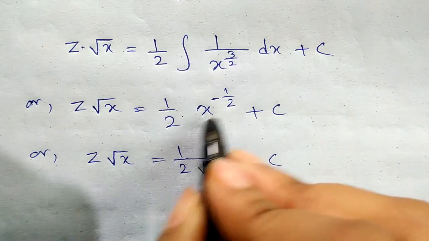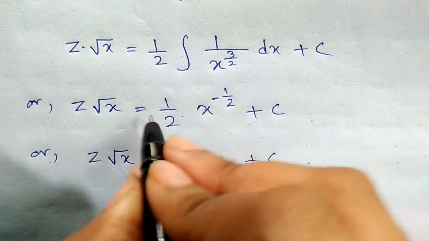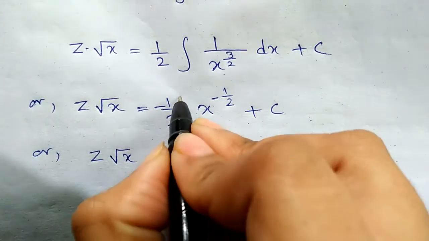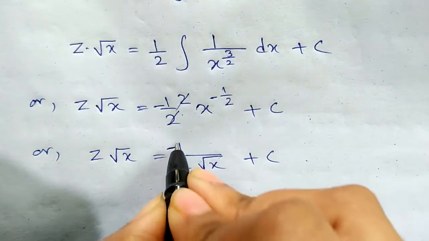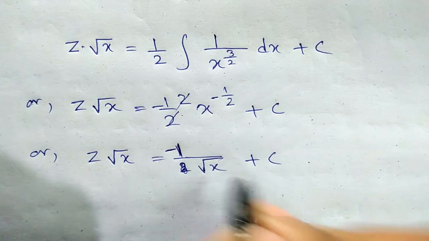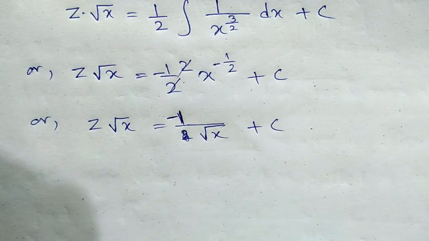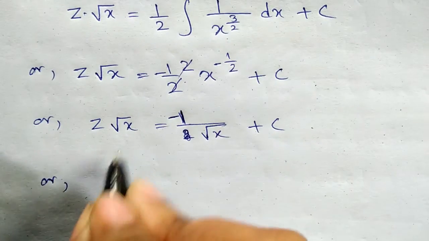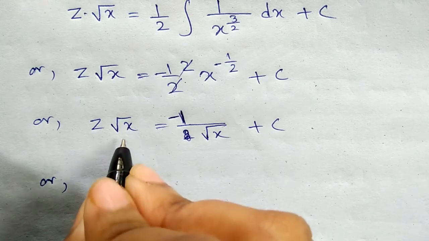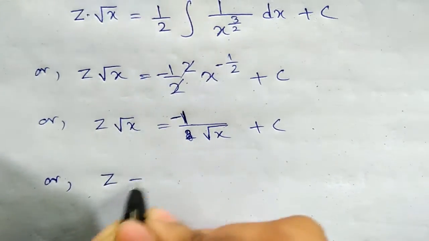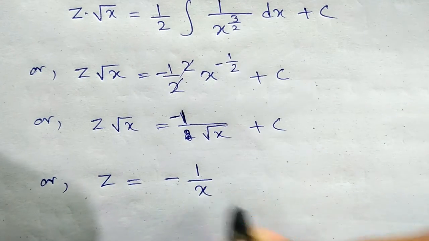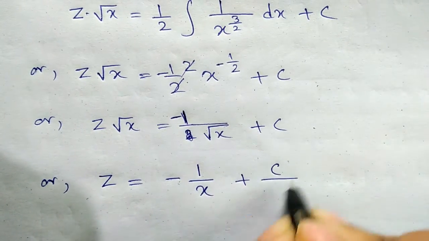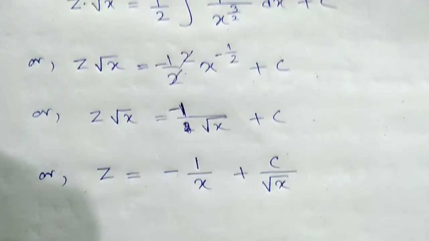Also minus half, so the 2 cancels out, just -1/root x. Next, we can divide this by root x, so z = -1/x + c/root x.